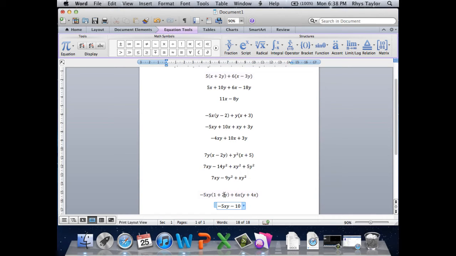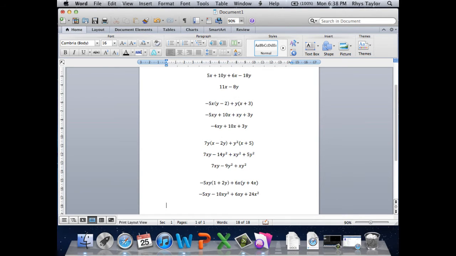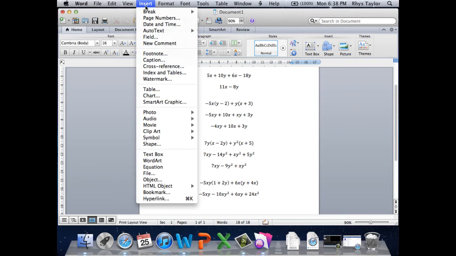There's no x's there, so that's just x on there. But there's 2 y's. That gives me y to the power of 2. Plus 6x times y, well that's just 6xy, plus 6 times 4 is 24, x times x is x to the power of 2. Alright, gather any like terms that I can.